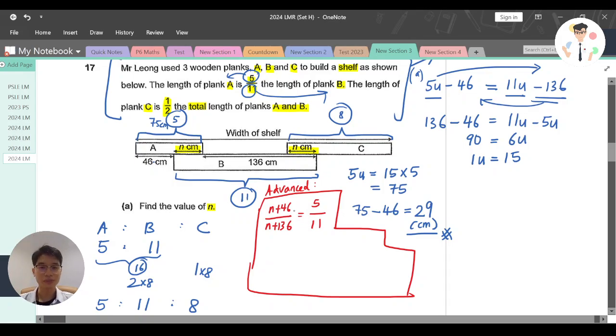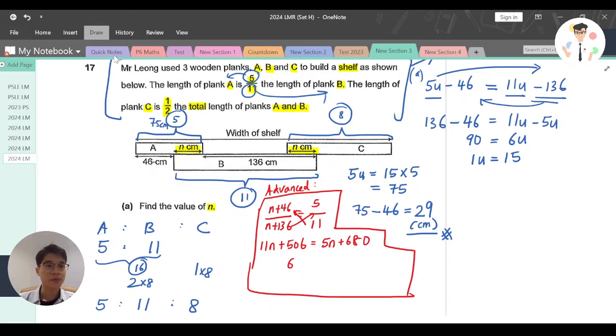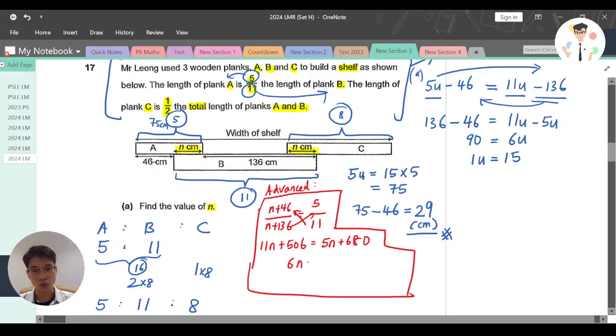Then you'll be cross multiplying. If you cross multiply, it will become 11n plus 506 equal to 5n plus 680. Then you move, you get 6n equal to 174, and you get n is equal to 29.